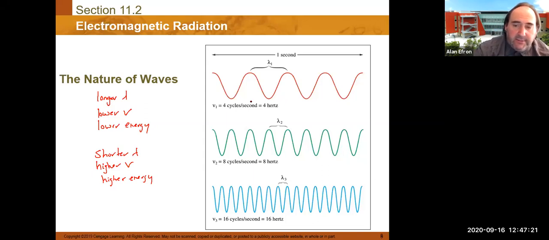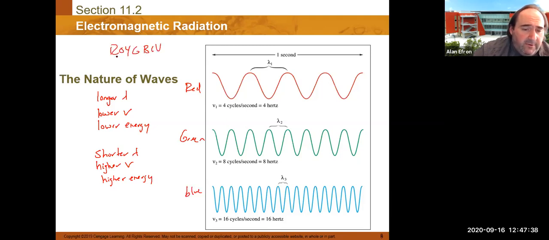So here's actually 3 waves that represent 3 different colors. And this is part of the visible part of the spectrum where we see colors like red, green, and blue. This is like where that famous Roy G. Biv, right? Red, orange, yellow, green, blue, indigo, and violet. That is the visible part of the spectrum where we actually do see color.